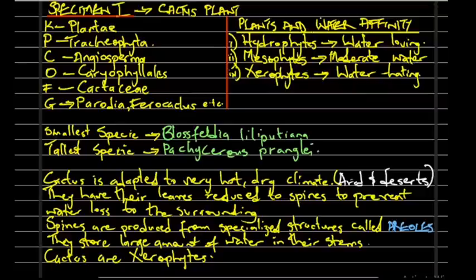And then we have other plants like the mesophytes that are found in environments that do not have much water. Crops like corn or maize, banana and the rest of those, need moderate amount of water, not too waterlogged and not too dry. And then we have the one we are talking about right now, the cactus plant, which is a xerophyte surviving in an environment that is extremely dry.